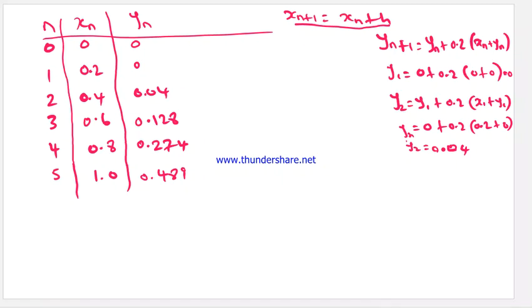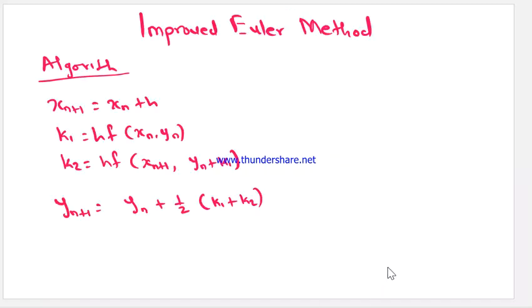Let's look at another method called the improved Euler method. The improved Euler method has the following algorithm. You determine the next x by this method. Then there are some auxiliary steps that we need to follow.